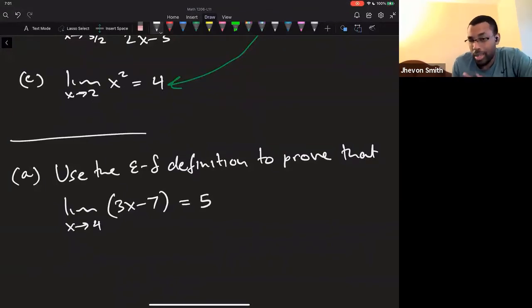But that's not what we're doing. We want to prove that this is the answer. We want to show that if x gets close to 4, your y values will get close to 5.